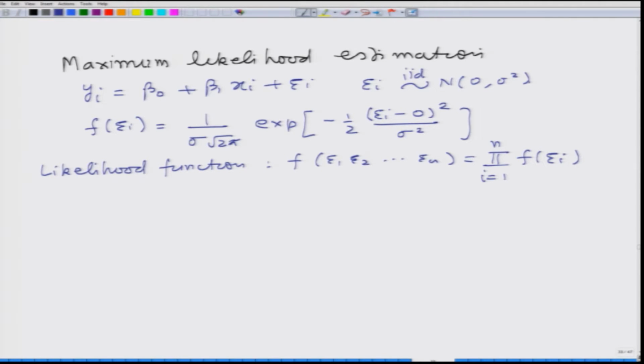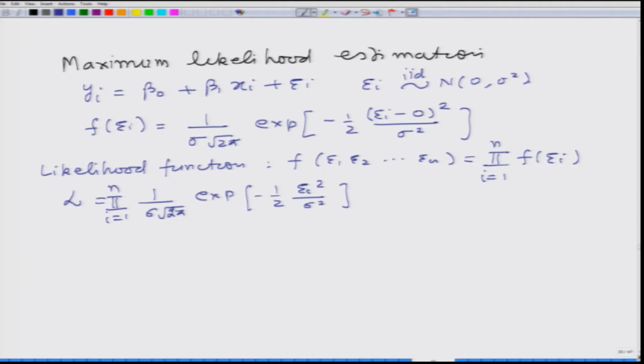Let me denote this likelihood function by L, and then it can be written as the product over i from 1 to n of 1 over sigma square root of 2 pi exponential of minus 1 over 2 epsilon i square upon sigma square.